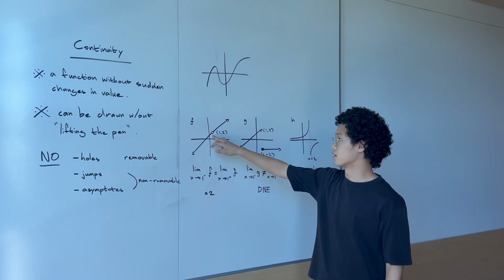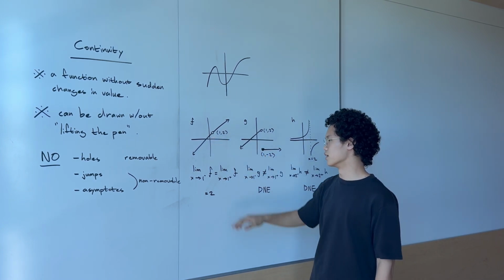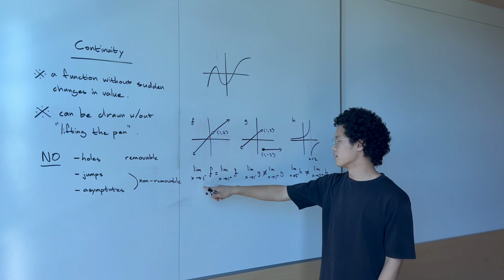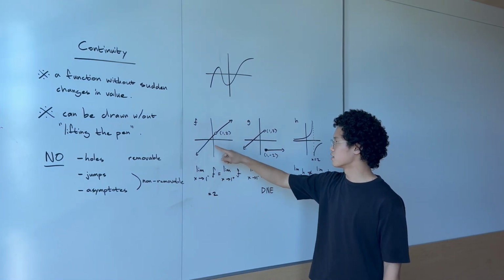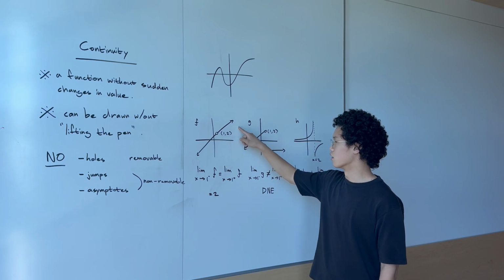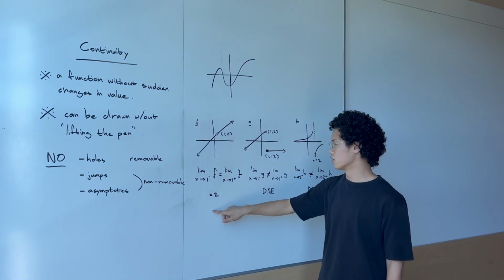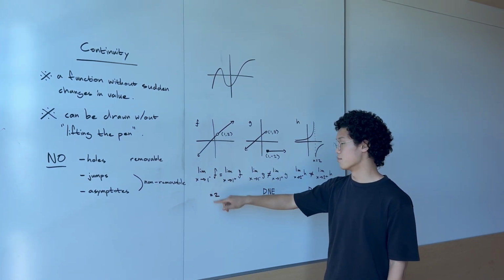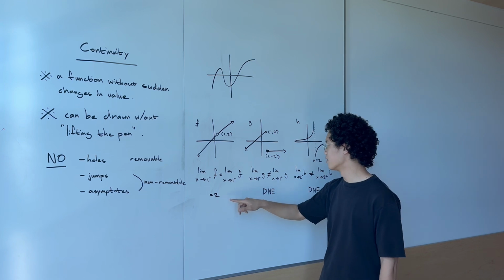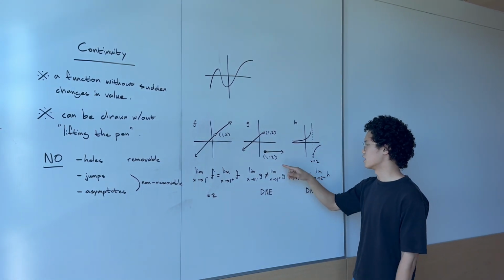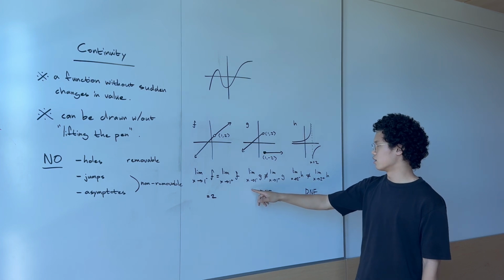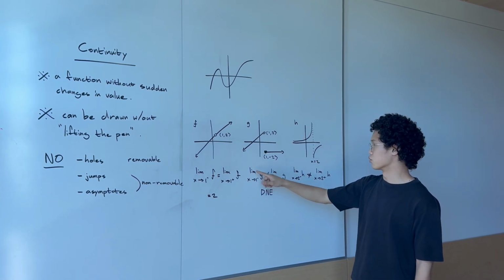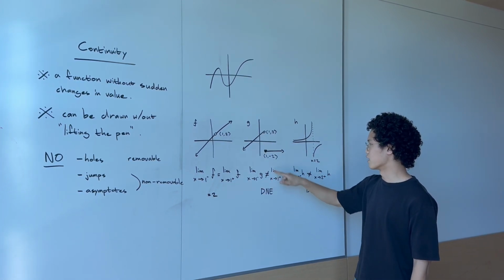The difference between the two is that a removable discontinuity has a limit that exists at the point of discontinuity. As you can see here, the limit as x approaches 1 from the left and from the right are equal at 2. So the limit exists. But if we move over to g and h, we can see that the limit as x approaches 1 from the left and the right are not the same.